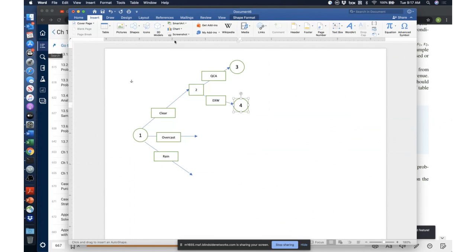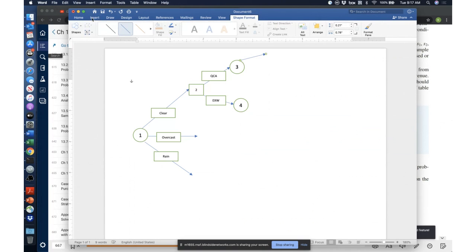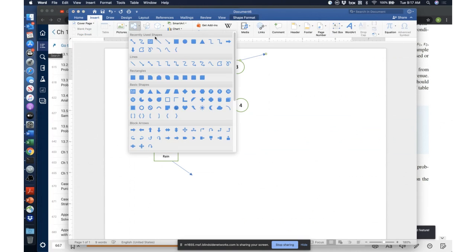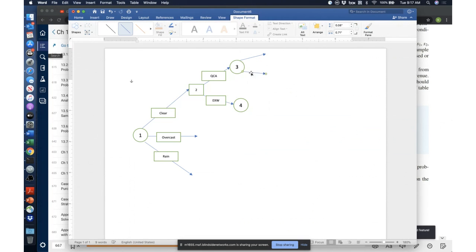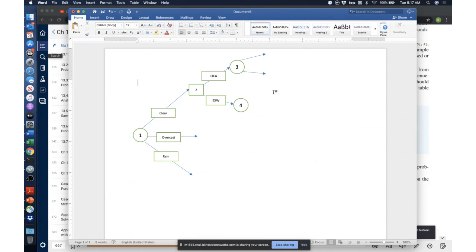So this is the state of nature where expressway is jammed or expressway is not jammed. Again, this is not under your control. You won't know that till you get there to the expressway. So you still have to make a decision before you take the expressway. So the expressway is jammed or expressway is not jammed.